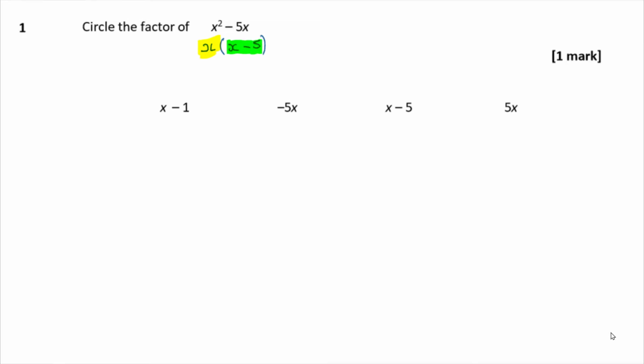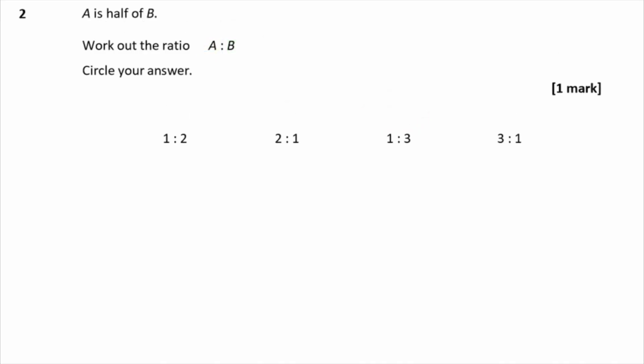Factors of numbers are things that multiply together to give you your number, don't they? So if you think of the factors of 6, 2 is a factor, and therefore 3 is a factor as well, because 2 times 3 is 6. So here, if x is a factor of x squared minus 5x, and x times x minus 5 is x squared minus 5x, then x minus 5 must also be a factor, and that is the one I'm looking for then, isn't it?